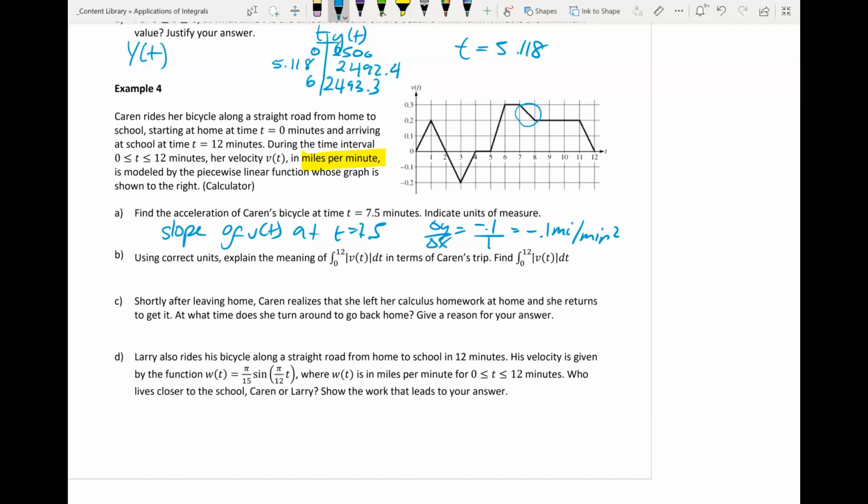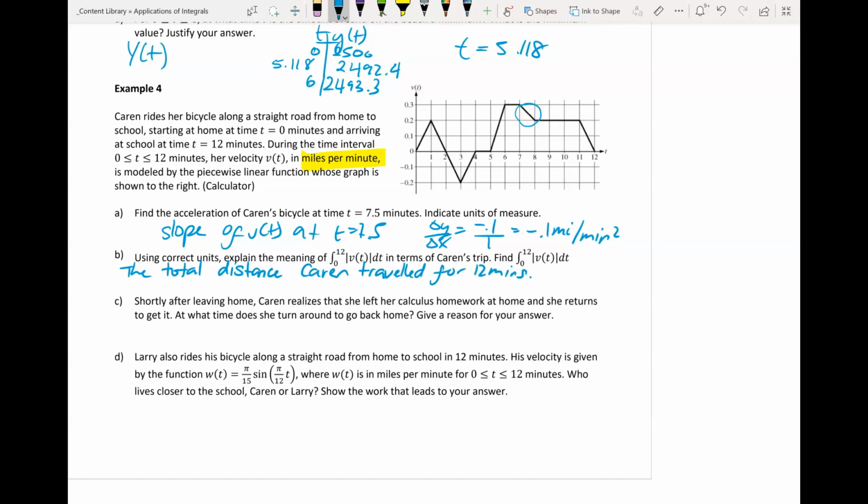Now we want to explain the meaning of the integral from 0 to 12 of the absolute value of v of t dt in terms of Karen's trip, and then find it after. So if we look at the chart on the very first page, this describes the total distance that Karen has traveled for the full duration of 12 minutes.